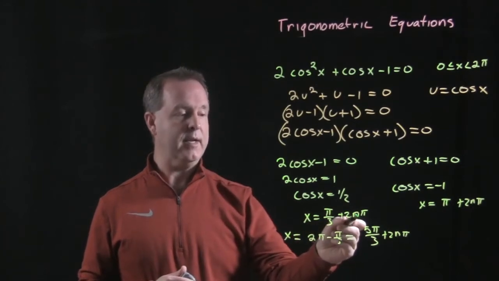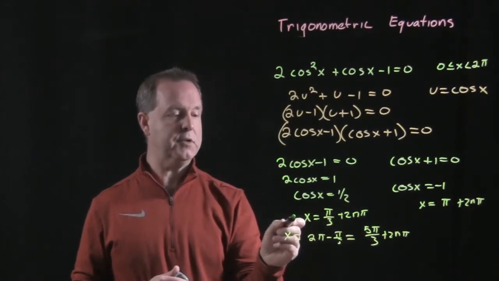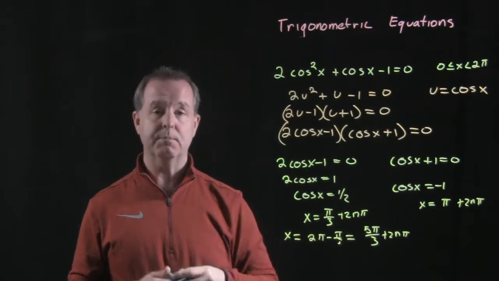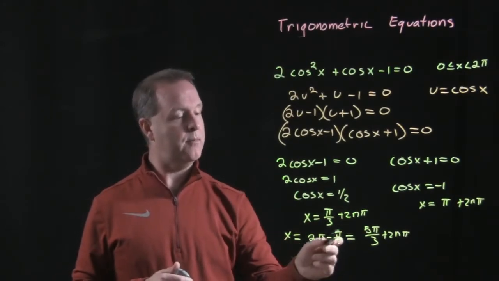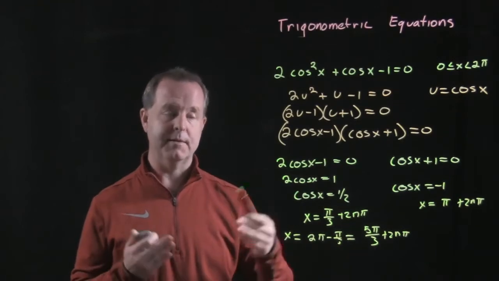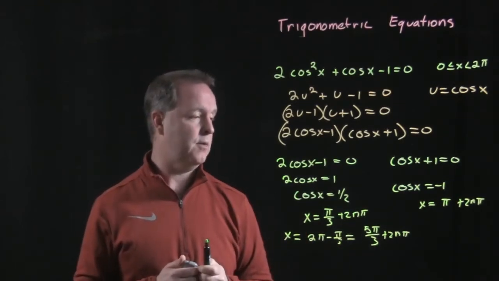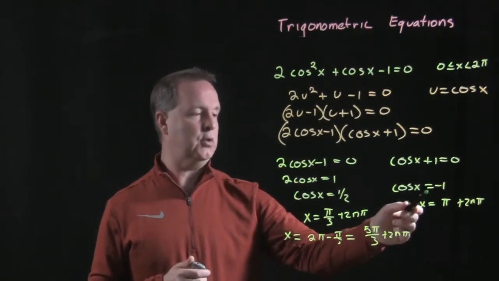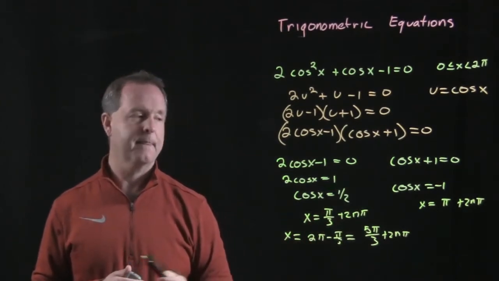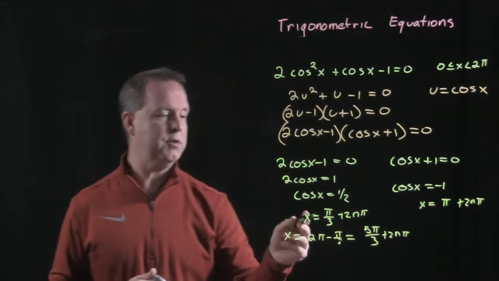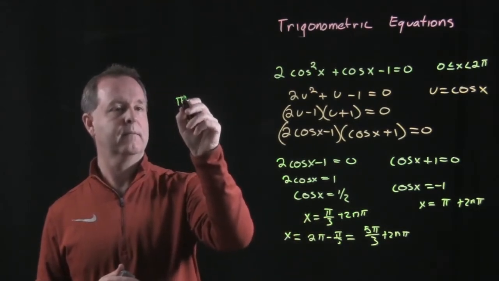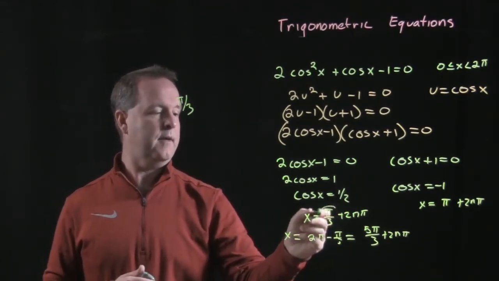And so if n were equaling 1 in my first solution, pi thirds plus 2 pi extends it beyond the scope. The second one was 5 pi thirds plus a 2 pi also extends it beyond the scope. And likewise, my third solution of x equaling pi. If I were to add another 2 pi to that, that would extend it beyond it. So my solutions then are pi thirds from right there.